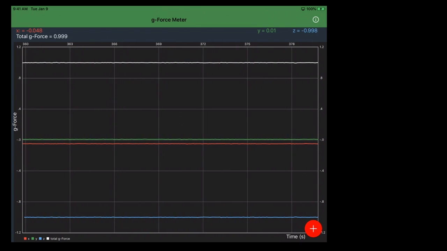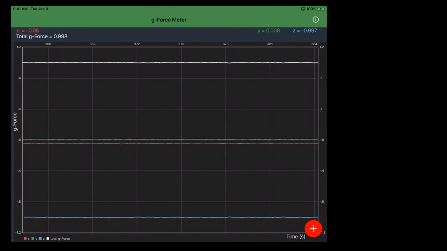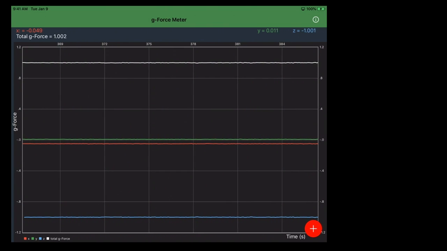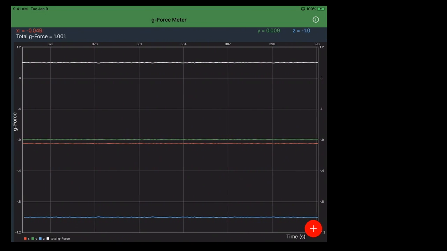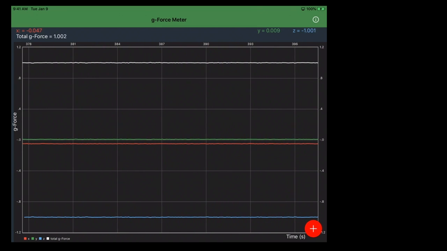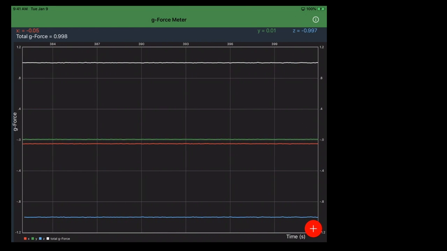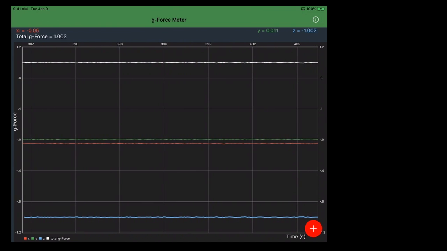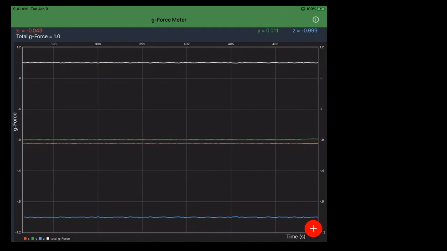Because it's going from the front to the back, that's in a negative direction on the z-axis. So it's reading the full force of gravity as a negative 1g in the z-axis. Now you notice up here that the green line, which is the y-axis, is reading 0. But the red line actually has a little acceleration due to gravity on it. What do you think that would be? It's because the iPad is slightly tilted due to the case.